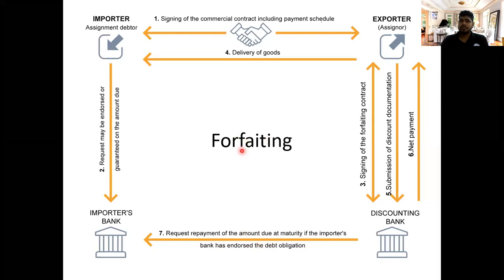Due to these forfeiting features, the bank gets additional income, and the company also gets its transactions done more easily. So factoring, forfeiting, and mutual funds are important things you have to remember. It may probably come up in the exam also, right?